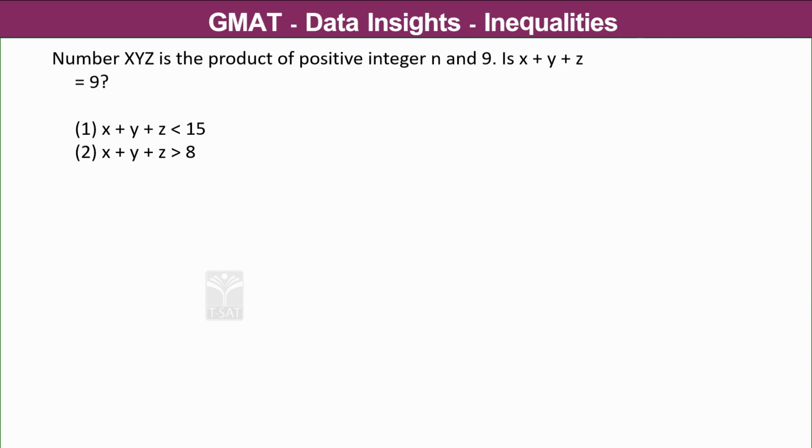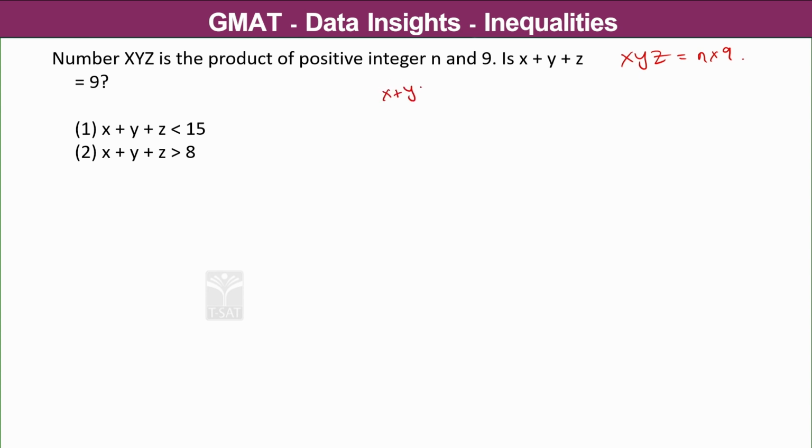Let us look at the next question now. Number xyz is the product of a positive integer n and 9. Is x plus y plus z equal to 9? Okay. They are saying that this xyz is equal to some product of some number n and 9. So, when is a number a multiple of 9? When the sum of its digits is equal to a multiple of 9.